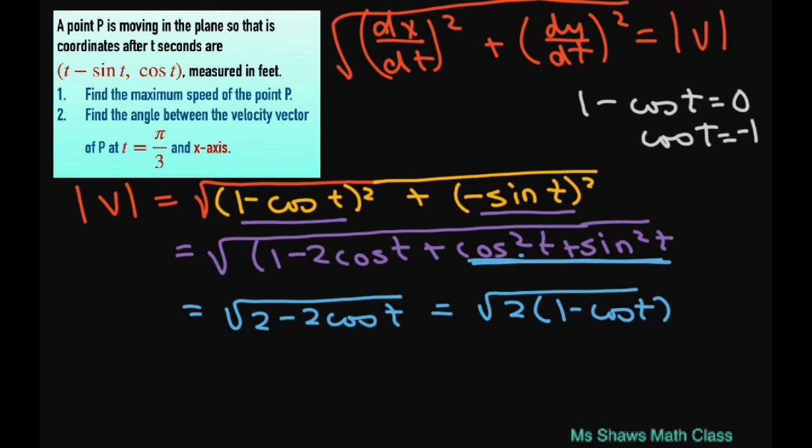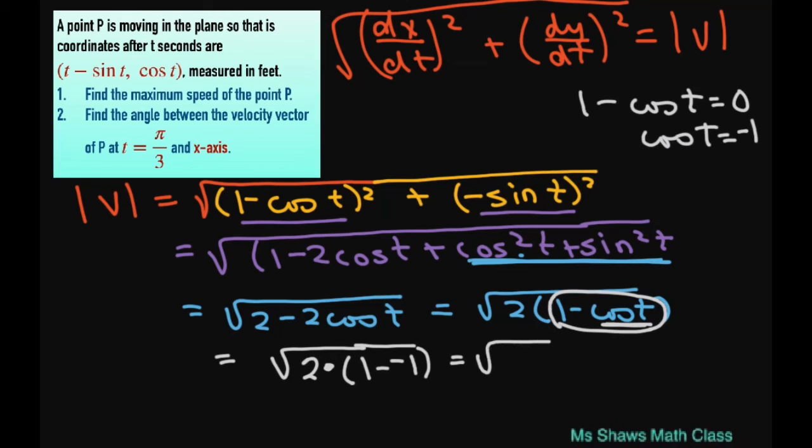When you figure this part out, this equals the square root of 2 times (1 − (−1)), because cos t is −1. This gives you the square root of 2 times 2, which equals 2. Again, this is your maximum speed when cos t is −1.